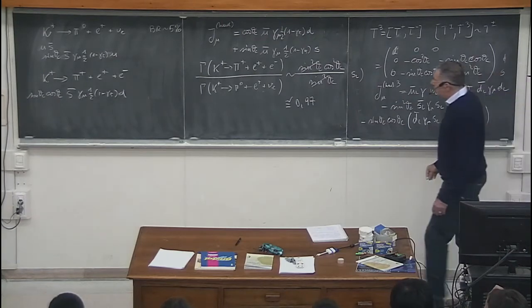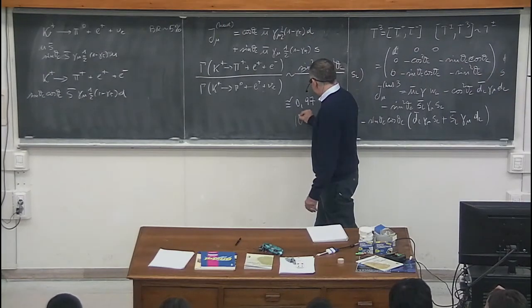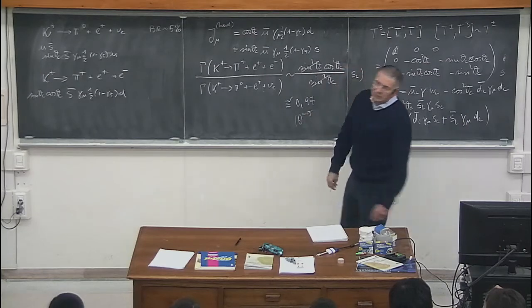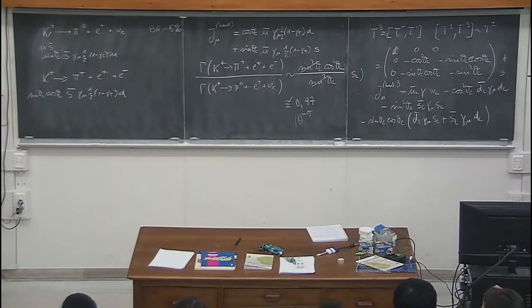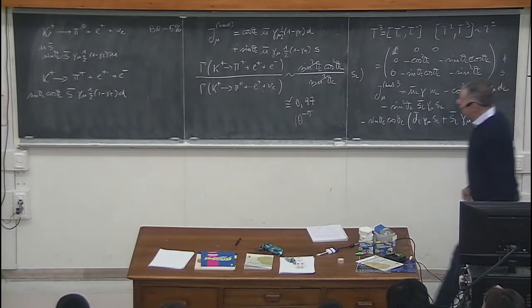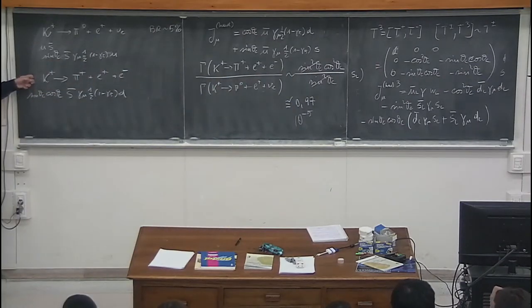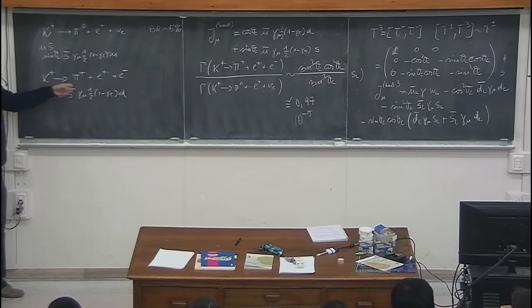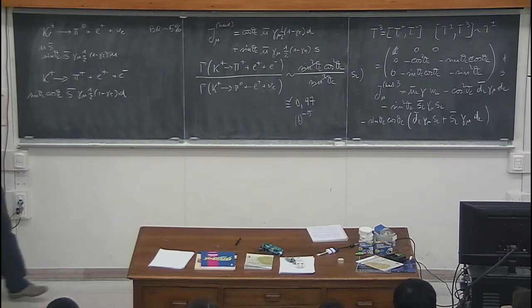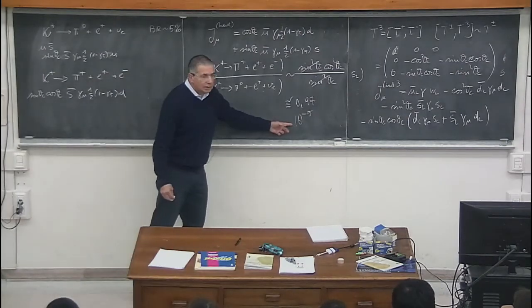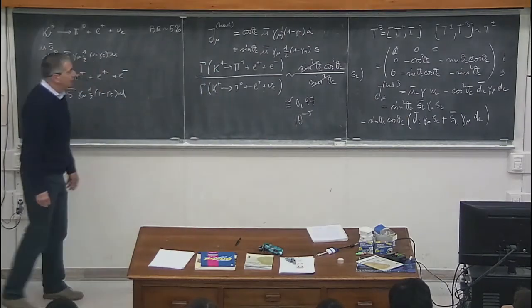What I measure is 10 to minus 5. In this flavor-changing neutral current process, you see that in the hadron sector there is no charge change, but the flavor changes. It is measured. It has a very small branching ratio, and the ratio between the two is of order 10 to minus 5.